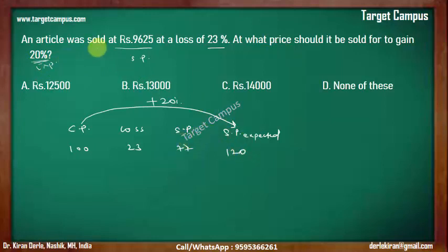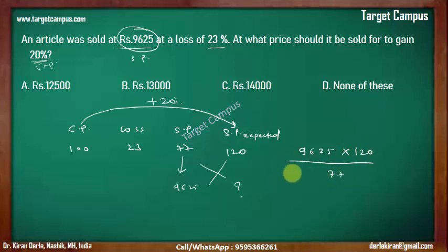Which value is given to us? 9625 is given to us, and that is the old selling price, and this selling price is asked, expected. So this becomes just a calculation. 9625 into 120 upon 77, right?